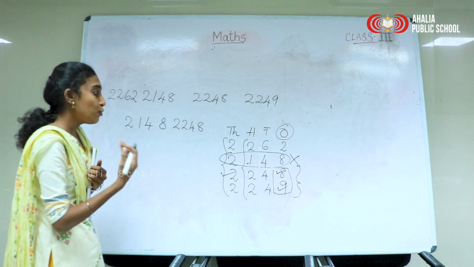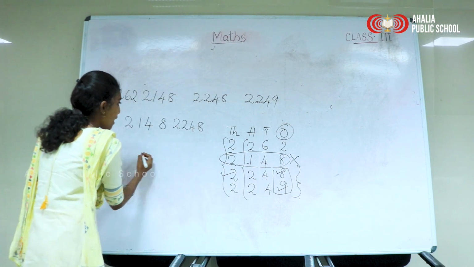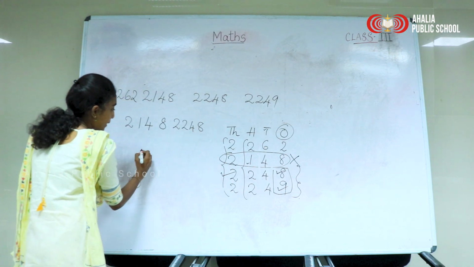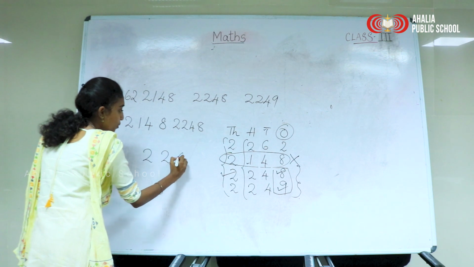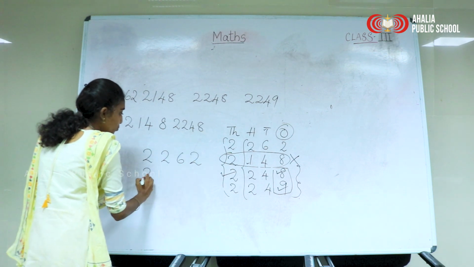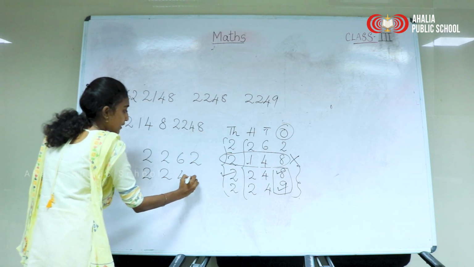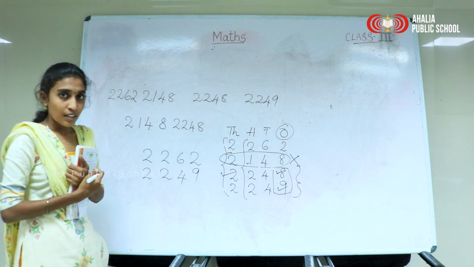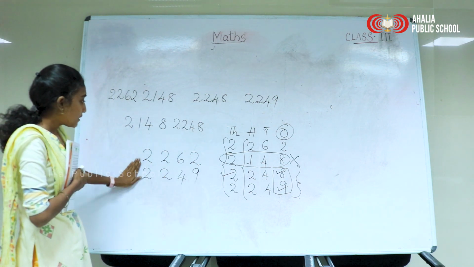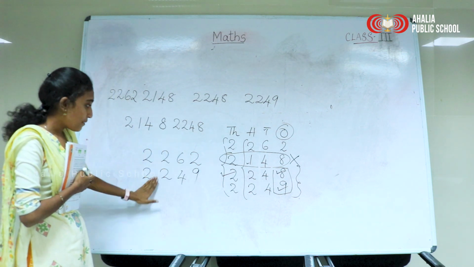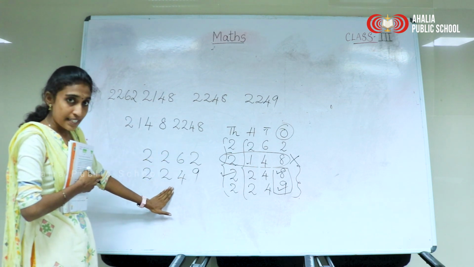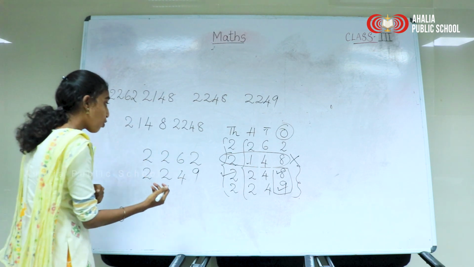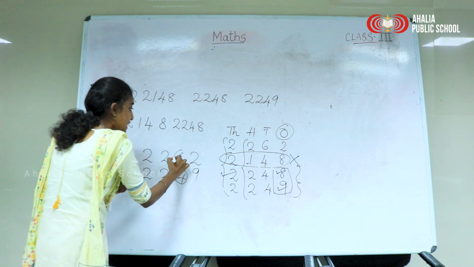Okay, so moving on to the next. Now we have 2 more numbers remaining. What are they? 2262 and 2249. Okay, so we have compared the thousands place, the hundreds place, the tens place. So in the tens place we got what? 4 less than 6.